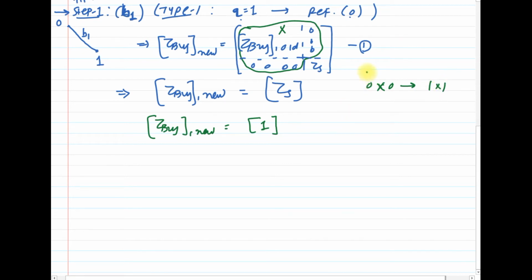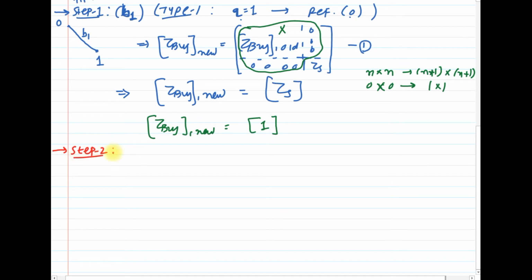So previously it was n cross n, and after addition of this tree branch, it is n plus 1 cross n plus 1. If it is not clear, just look at step 2, which will easily clear all your doubts.